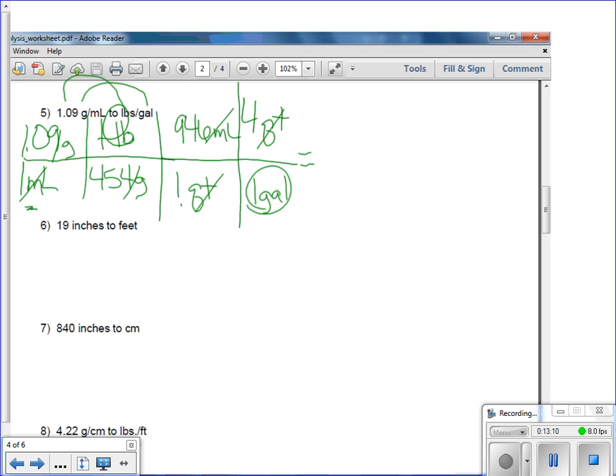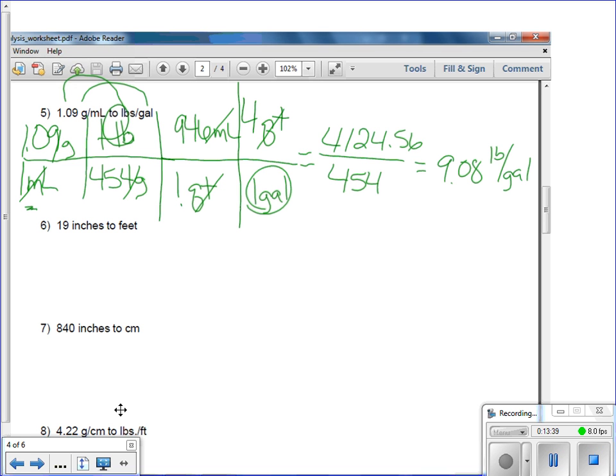So I'm going to multiply across the top, multiply across the bottom, and divide the two. So 9.08 pounds per gallon.